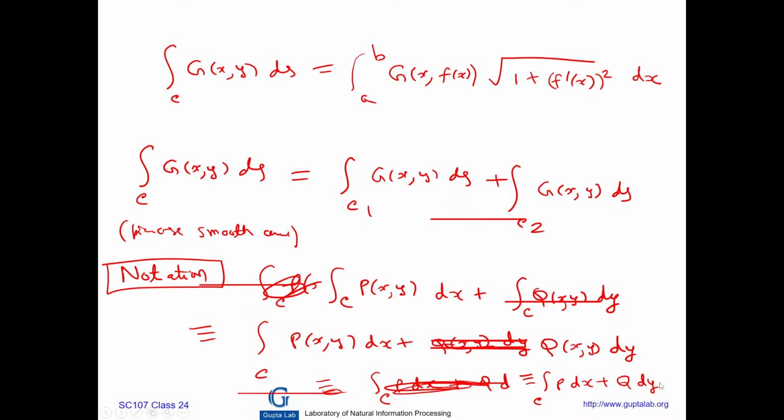So this is the shorthand notation, where you understand that P and Q are two-variable functions, and this integral you have to evaluate on both, P and Q separately. So this whole quantity can be written nicely like this. Okay, shorthand notation.